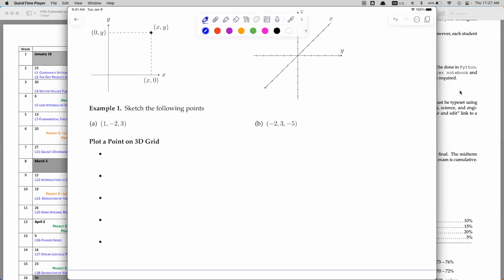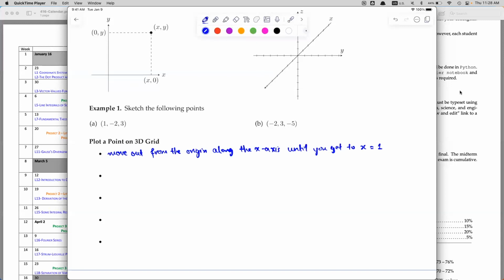Here, to plot a point on the 3D grid, what you do is you move out from the origin along the x-axis until you get to the x value.